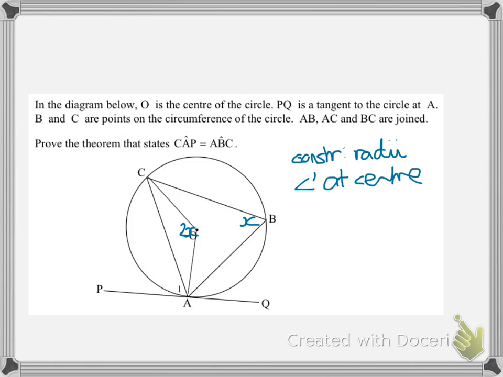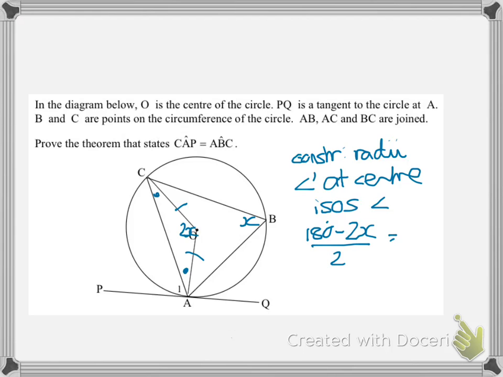But now don't forget we've created radii, and radii are equal, so we've got an isosceles triangle. And the angles of an isosceles triangle, you've got two equal angles, which means these two little ones here, that one and that one, are going to be 180 minus 2x, but half of that.